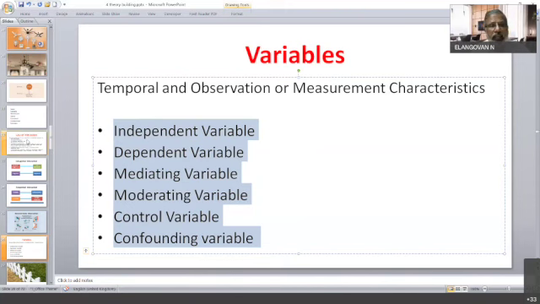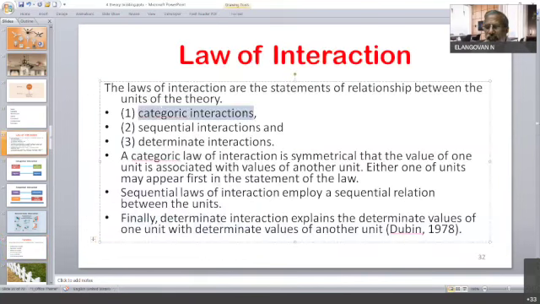For a categorical interaction, if you remember statistics, the kind of statistics I have to do is the chi-square test. A lot of people will do regression. A lot of people will do ANOVAs or t-tests to find out the categorical interaction.